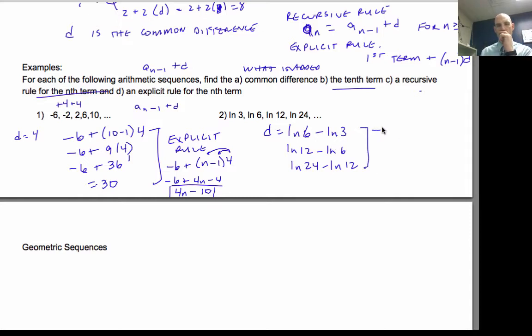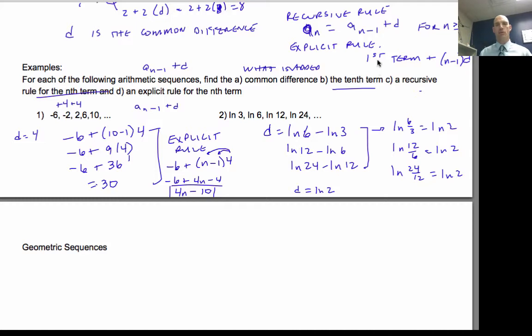ln 6 minus ln 3 is actually equal to the natural log of 6 over 3, which is the natural log of 2. The natural log of 12 minus natural log of 6 is the natural log of 12 over 6, which is the natural log of 2. The natural log of 24 minus natural log of 12 is the natural log of 24 over 12, which is actually the natural log of 2. So my common difference is actually the natural log of 2.